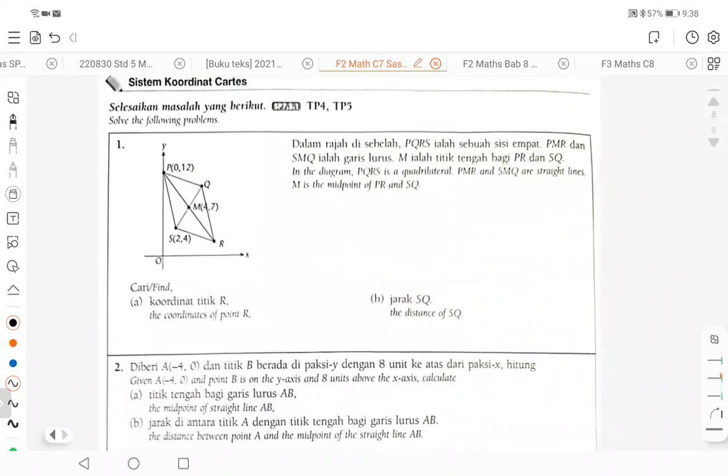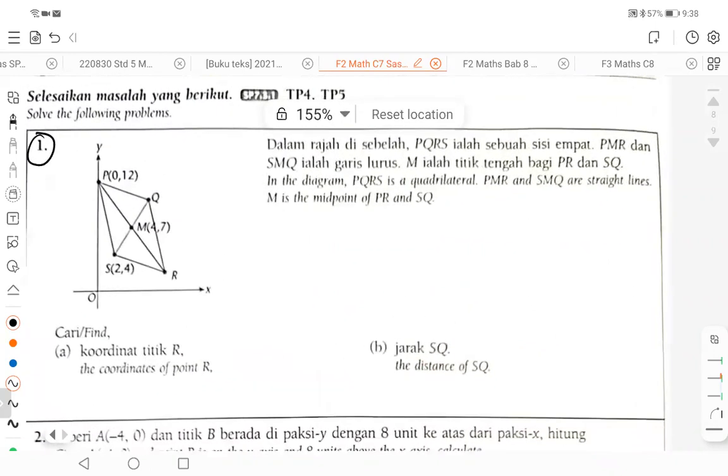Talking too much. Coughing. Okay, so now it's your time to do. Let me rest for a while. Number 1. M is the midpoint of PR and SQ.